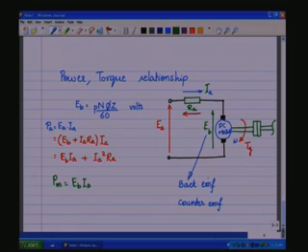This is the mechanical power that goes into the armature. Pm is nothing but the mechanical power developed by the motor, EB is the induced EMF, and IA is the armature current.